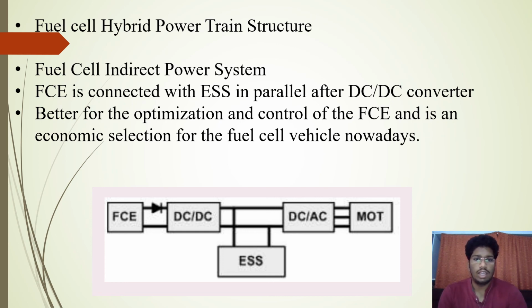As you can see, the FCE is directly connected by using a diode to a DC converter, and it is then converted by a DC to AC converter, in between the ESS, through the motor, which is used to run the vehicle.